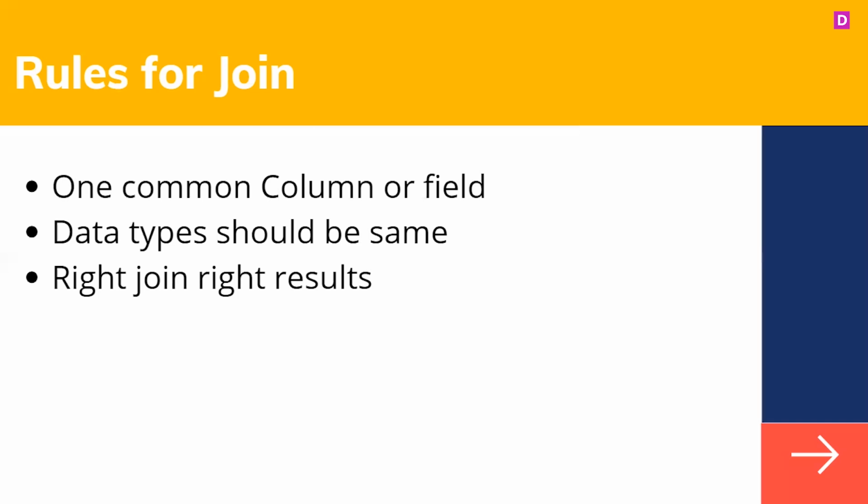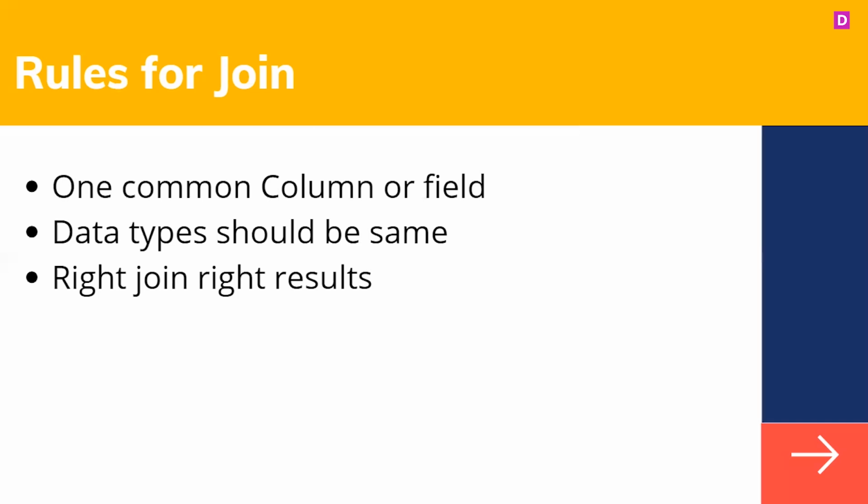Okay. Then the third one is you need to make sure that, depending upon the output you are expecting, you choose the right join. So if you are expecting some output of your left join, and you have adopted an inner join, it doesn't make any sense.